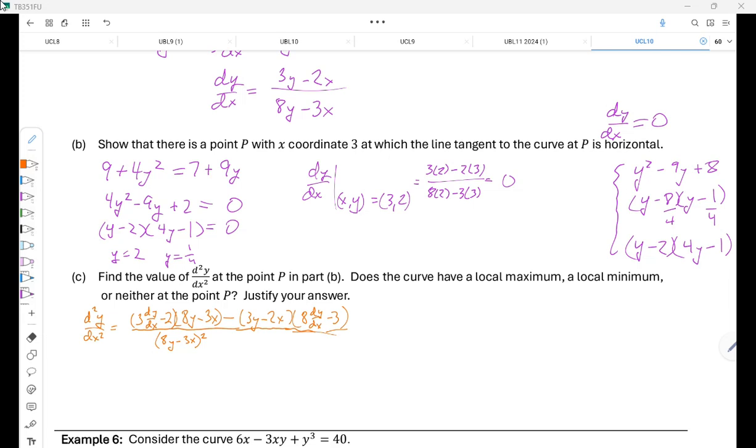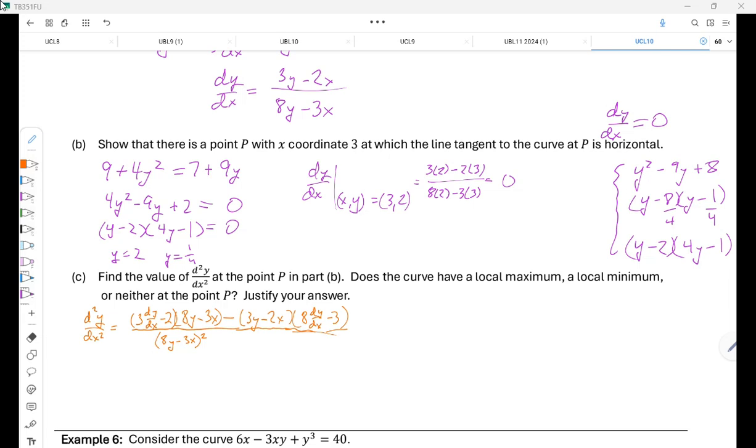But if I just need to find the value, I can leave those there because my goal here is to get a number. And I know that dy dx at the point from part B is 0. So when I go to plug in here, those dy dx's, because we're going for value, equal 0. So I'm going to leave this as is.